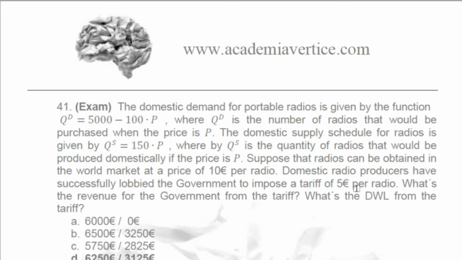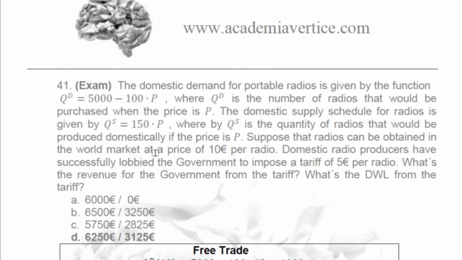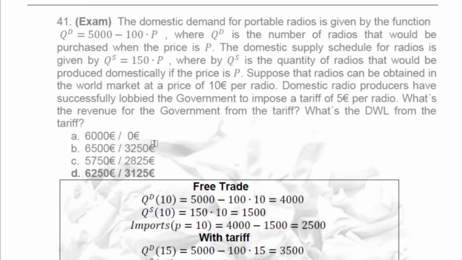Then we should calculate the free trade situation. The demand at the world price of 10 is 4,000. The supply of domestic producers is 1,500, so imports are 2,500. This will happen at free trade.